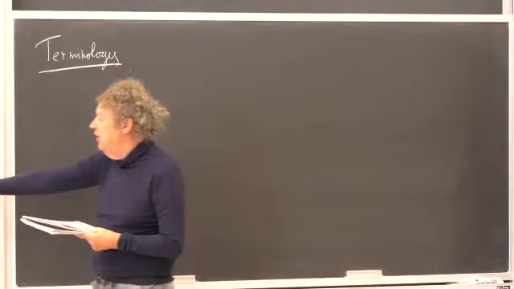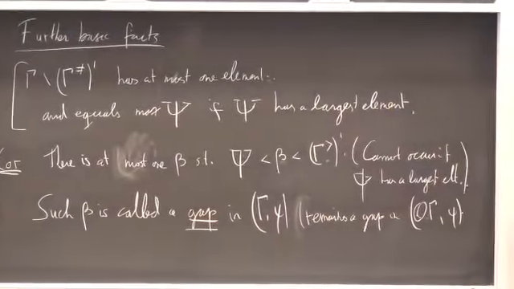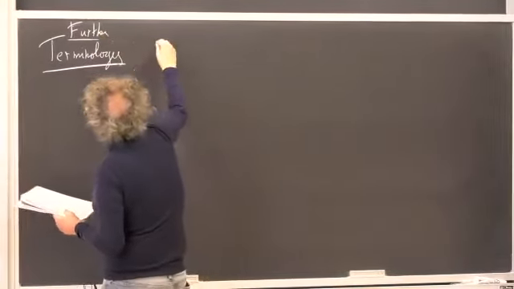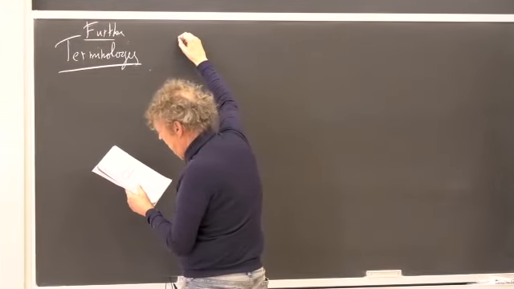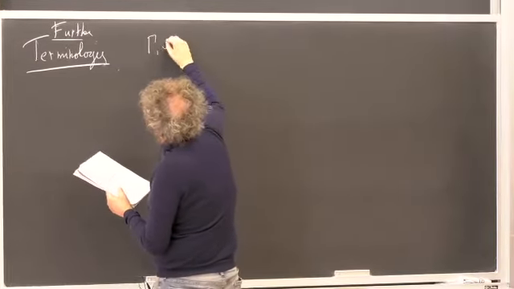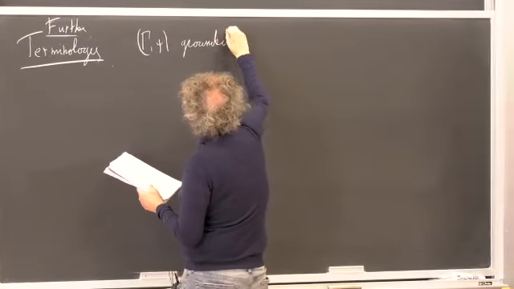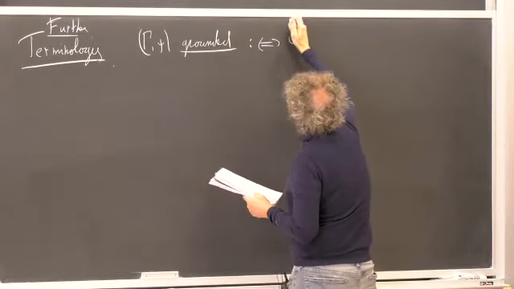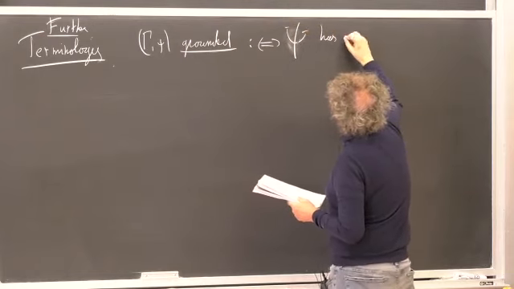Okay, this is already part of the terminology, but further terminology. We call gamma psi grounded if the psi set has a largest element.